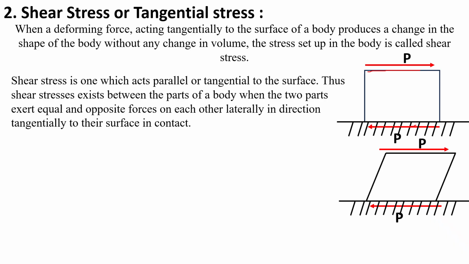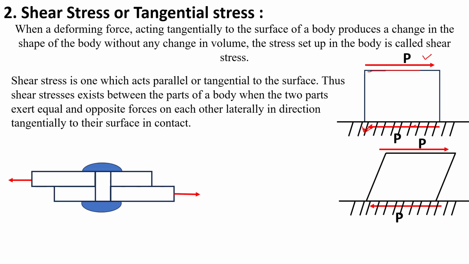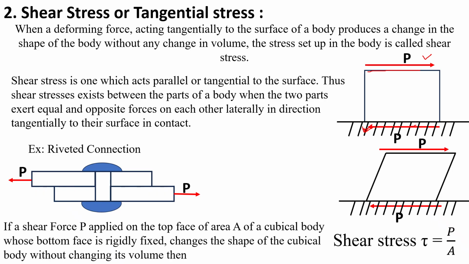Shear stress exists between parts of a body when the two parts exert equal and opposite forces on each other laterally, in a direction tangential to their surface in contact. Here you have to observe two forces opposite in direction, applied tangentially to their surface of contact. The best example of shear stress is riveted connections.